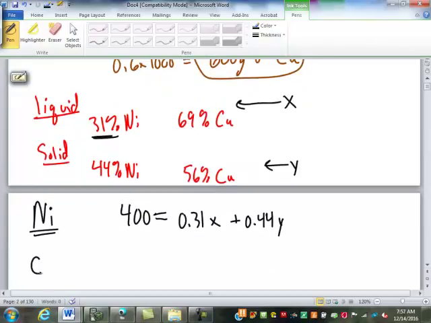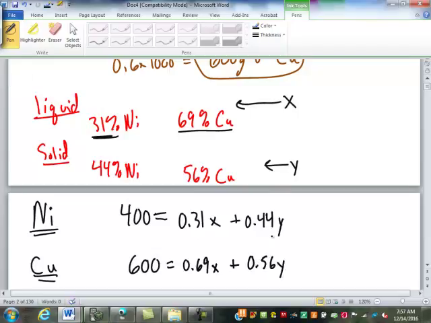Our second equation is going to describe the copper. There is a total of 600 grams of copper. Well, in the liquid, it's 69%, so that's 0.69 times X is the amount of copper in the liquid. In the solid, it's 56%, so that's 0.56 times Y is the amount of copper in the solid. We have a system of equations to solve here.